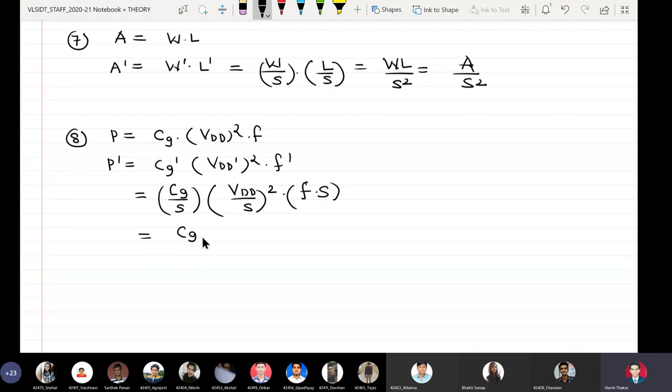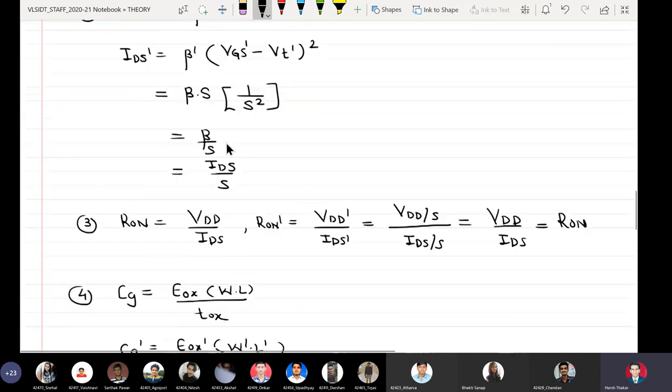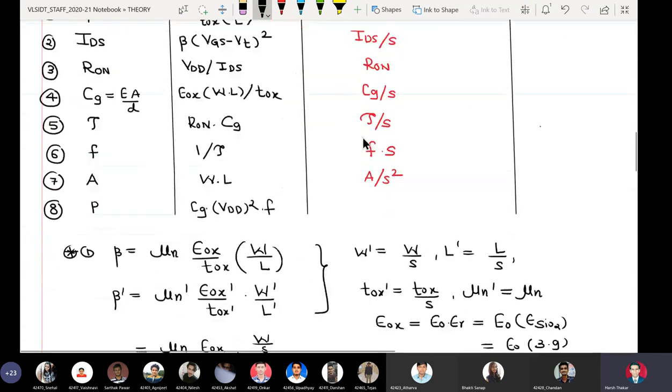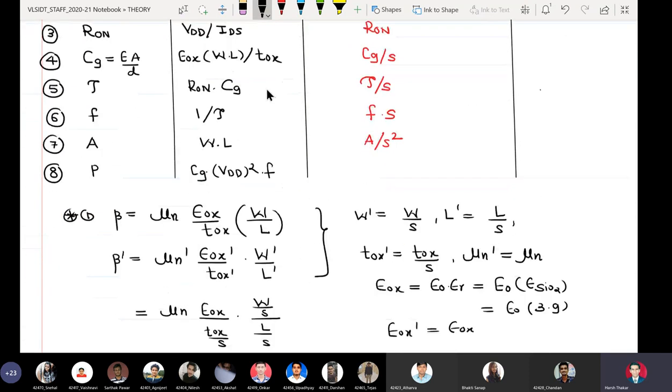So now it becomes Cg into VDD square into f into 1 over S square, which is equal to old power divided by S square. So we have P over S square.